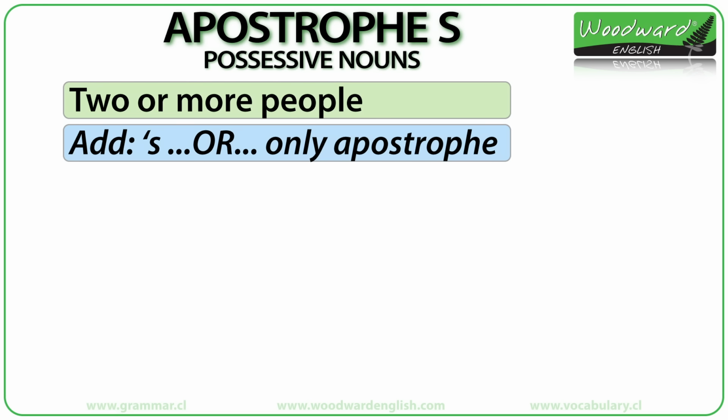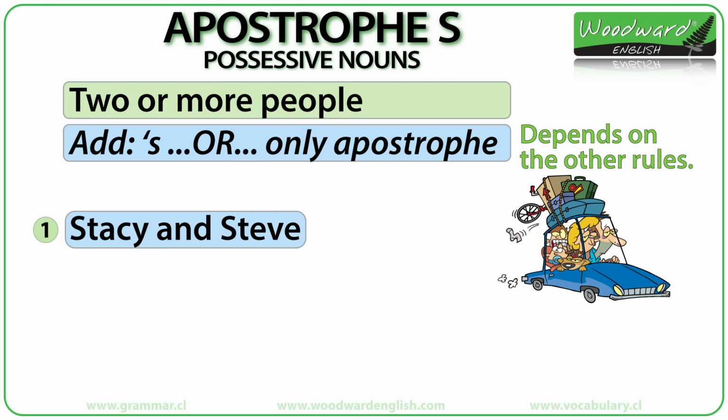When we're talking about two or more people, we add an apostrophe S or only an apostrophe, depending on the rules we have already seen. Let's look at Stacy and Steve. If there are two owners of something, we only add apostrophe S to the final name.